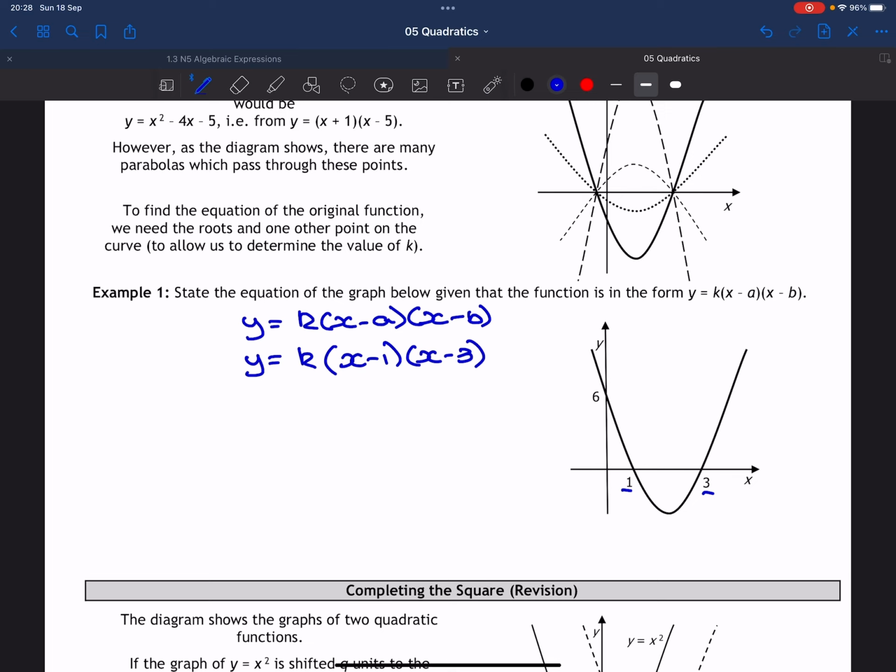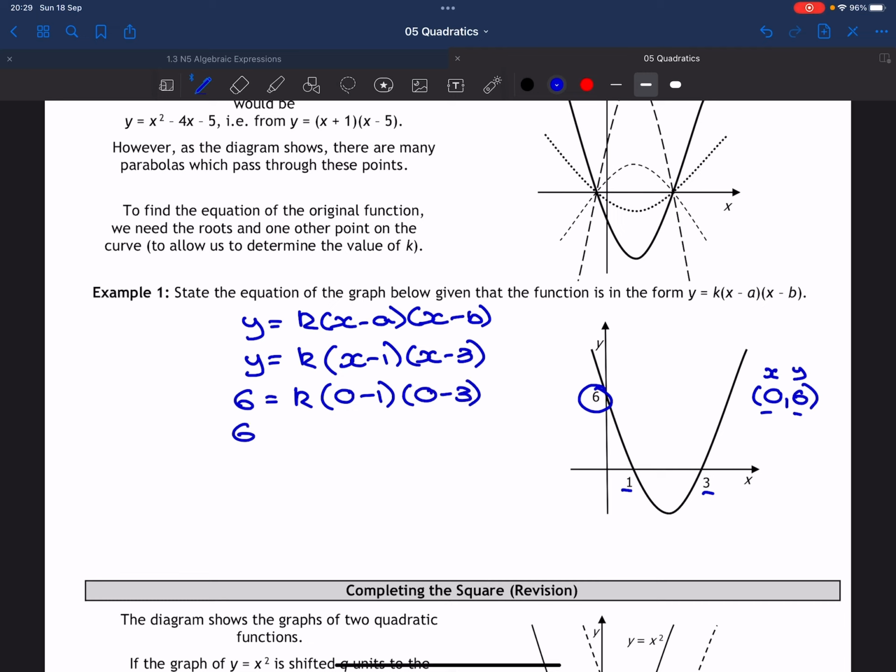Now, let's take this other point here. So the other point I've got here is the point 0, 6. So that means that x is 0 when y is 6. So in order to find the value of k, I need to set my y and x values to these numbers here. So that will give me 6 is equal to k times 0 minus 1, 0 minus 3.